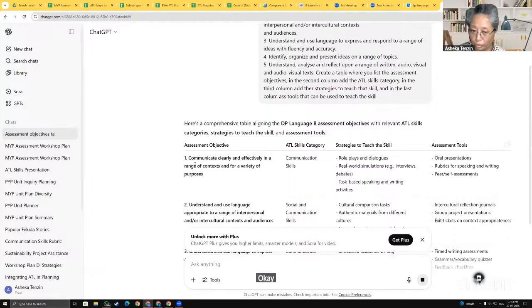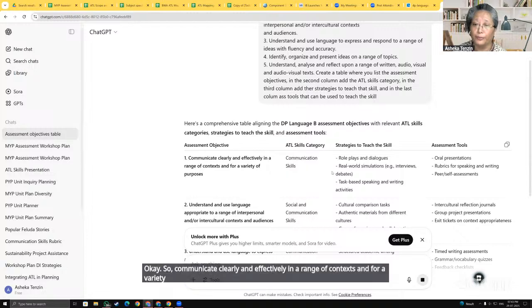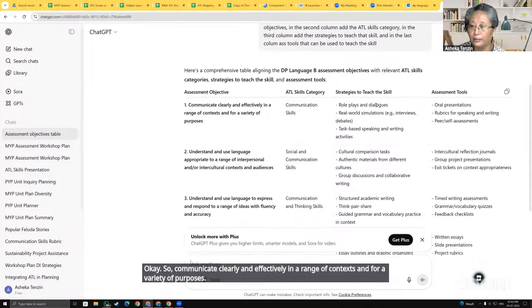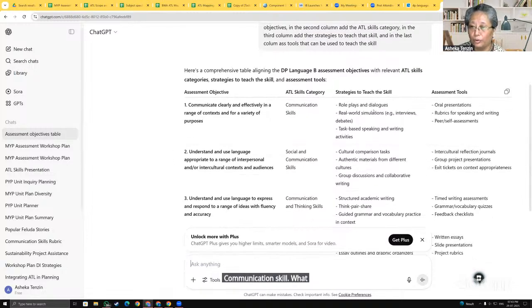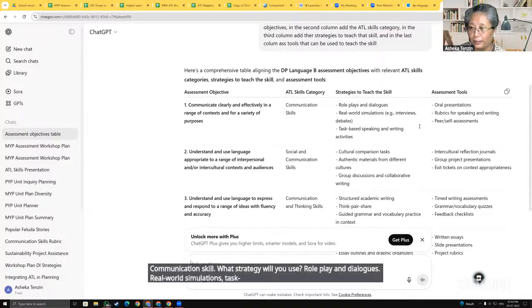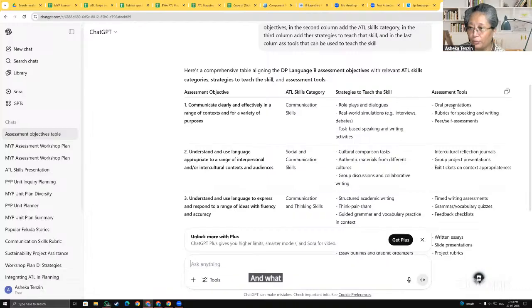Okay. So communicate clearly and effectively in a range of contexts and for a variety of purposes. Communication skill. What strategy will you use? Role play and dialogues, real world simulations, task based speaking and writing activities. And what assessment tools can you use? Oral presentation, rubric for speaking.